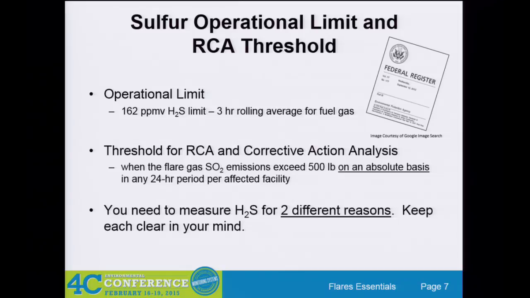Okay, so one of the other things that the rule gave you was an operational limit for the amount of sulfur, or H2S, in the gas going to the flare. And this is kind of one of those tricky things that this concerned a lot of people. Because if everybody treated the flare basically as your wastewater treatment system, whatever you had that you didn't want, you flush down the drain and it's gone.